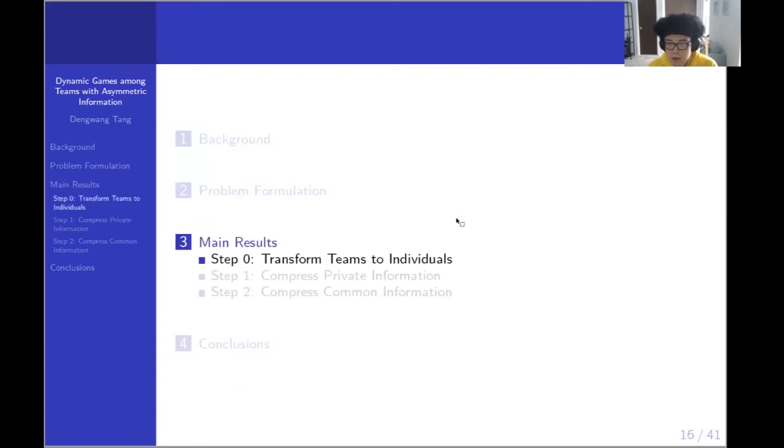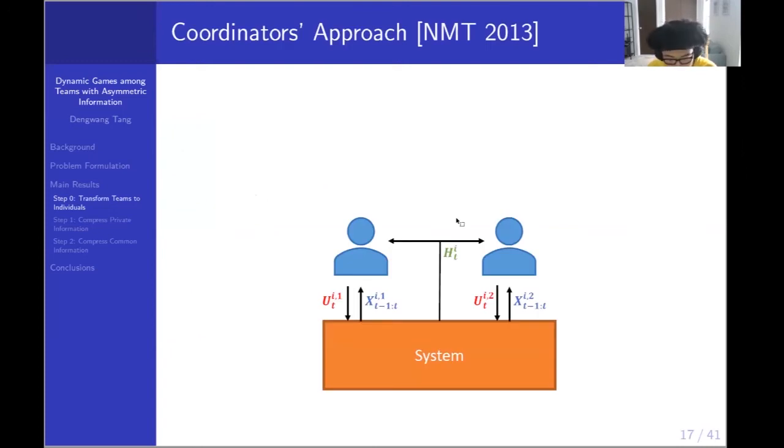Sure, I'll move forward. The first step is to transform a team into an individual player. How do we do that? We will follow the coordinator approach introduced by Nayyar, Mahajan, and Teneketzis in 2013. The idea is shown through the following example of a two-person team.